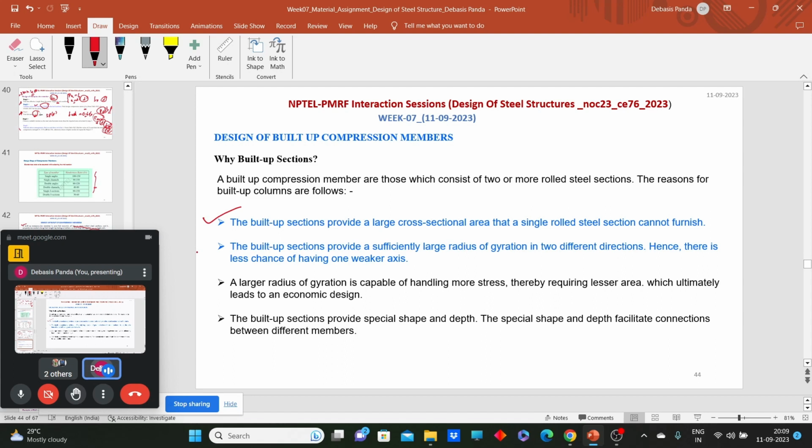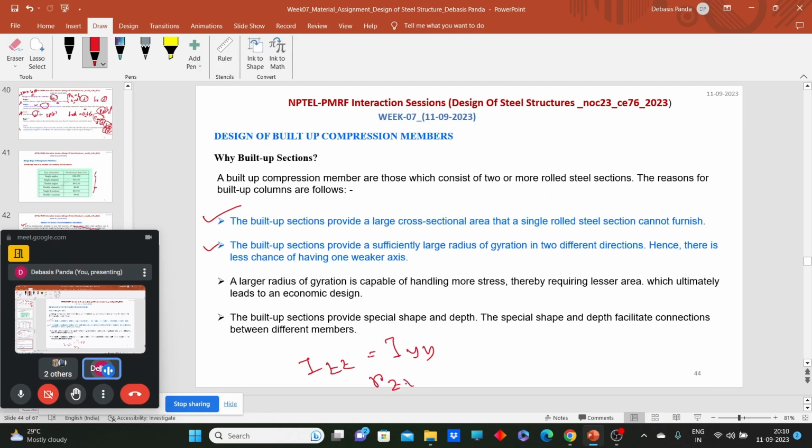Now, in the built-up sections, the main motto is to make IZZ equal to IYY. That means about the two axes, the moment of inertia we will make the same, or the radius of gyration RZZ we make equal to RYY. That means there is less chance of having one weaker axis.